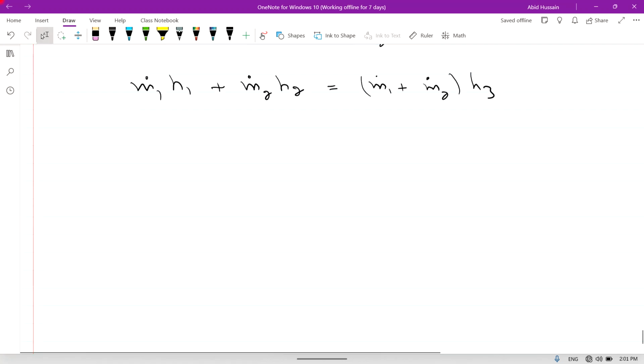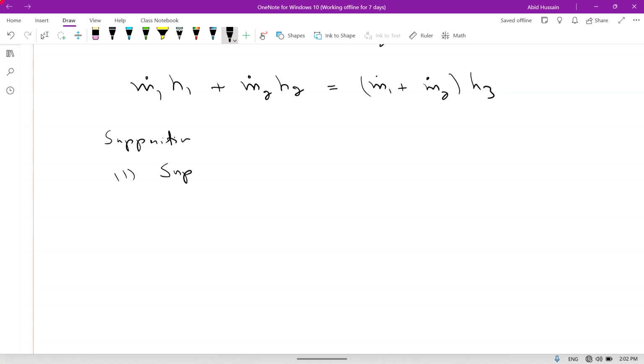So first we find h1. The superheated steam is named as steam 1.